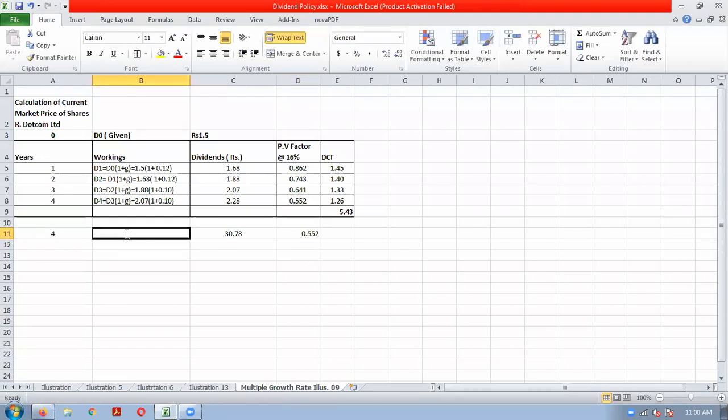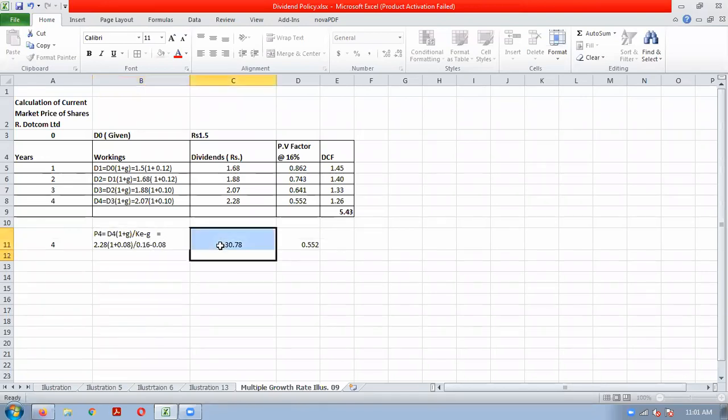Here we can write P4 is equal to D4 (1 plus g) divided by KE minus g, where the growth rate is 8 percent here. So we will do 2.28 times (1 plus 0.08) divided by KE minus g.